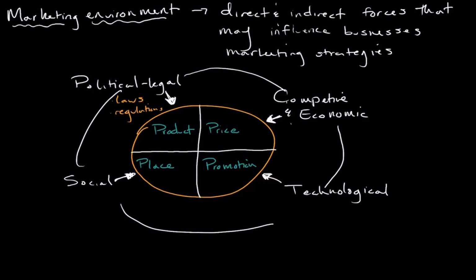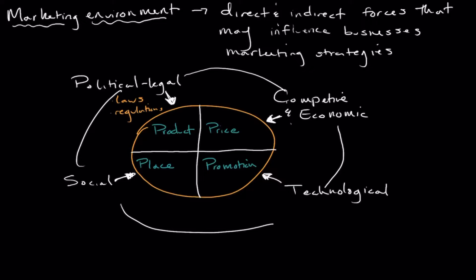You talk about place, so looking at distribution, you can probably think of a few things businesses are doing as a direct result of political legal forces, whether it's curbside pickup or restaurants utilizing existing parking lots, putting up tents, and serving people outdoors. That's one example of not only a political legal force, but also how a business is adapting to it. And again, you can see the benefit of paying attention to these things and trying to adapt accordingly.